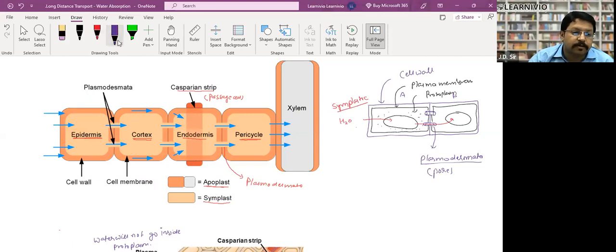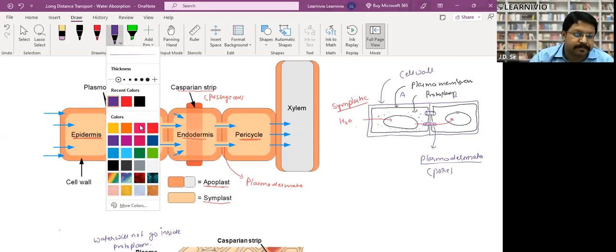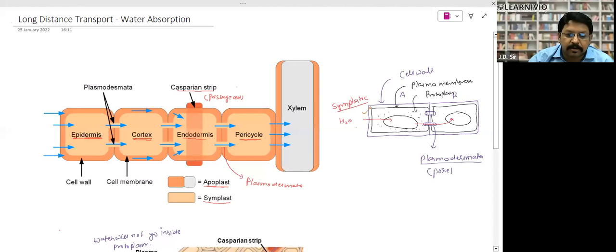So basically, look, try to understand. Here the water will follow this pathway, the space between the two membranes, from here to here, right?